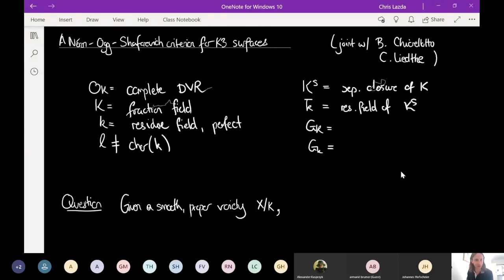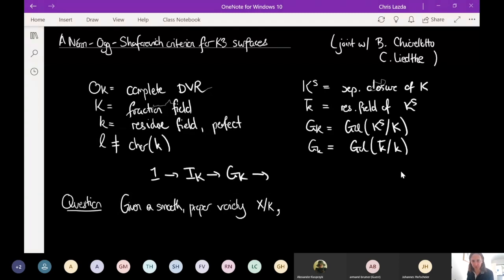So this is going to be an algebraic closure of little k, and then I've got my two absolute Galois groups of the fraction field and of the residue field. And then these are related by the usual exact sequence, where the Galois group of the fraction field maps surjectively to the Galois group of the residue field, and the kernel is the inertia group I_K here.